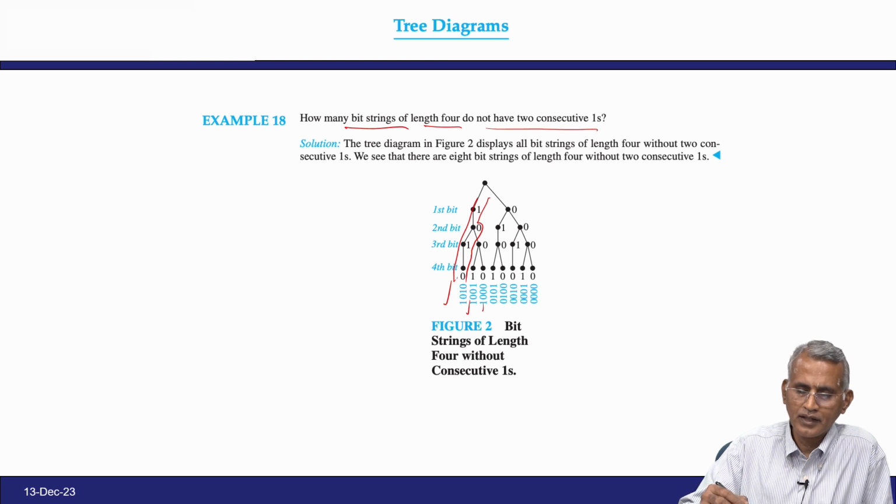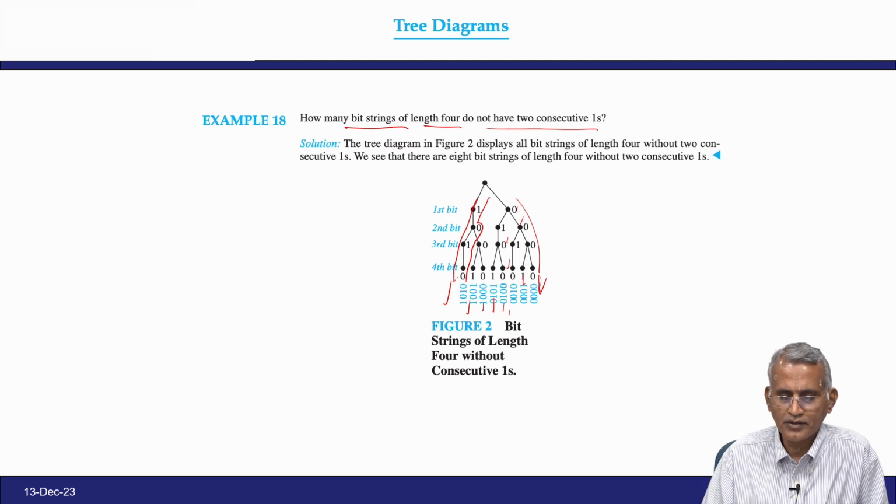Here 0 1 0 1 and then 0 1 0 0, and corresponding to this, 0 0 1 0, and then 0 0 0 1, and then everything 0. So, those are the possibilities of bit strings.